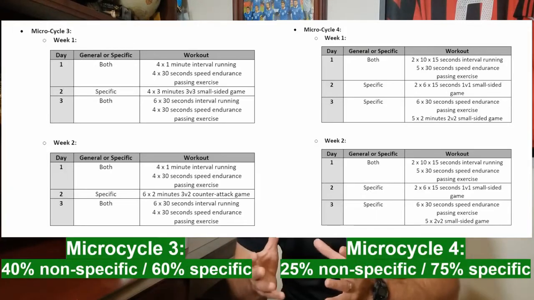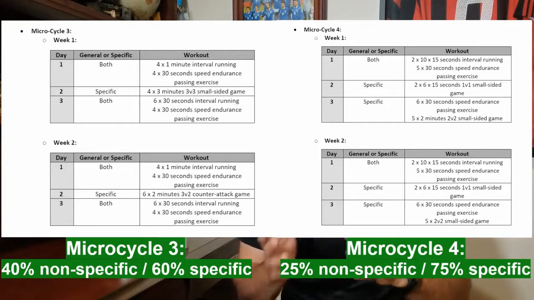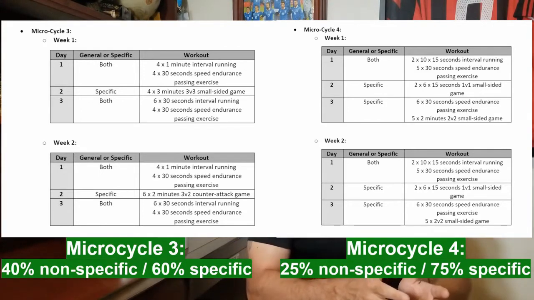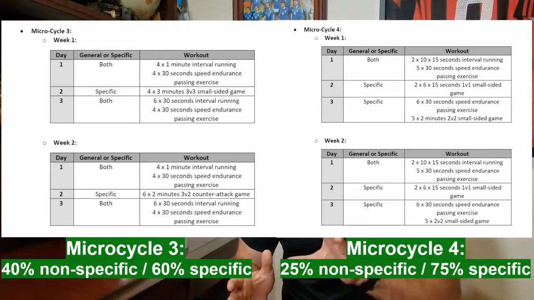And this trend continues into microcycles 3 and 4, with the final cycle having just 25% non-specific work and 75% specific work. Of course, this is simply one example of how to do it, and there isn't just one way to apply the principle of specificity into a periodization plan.